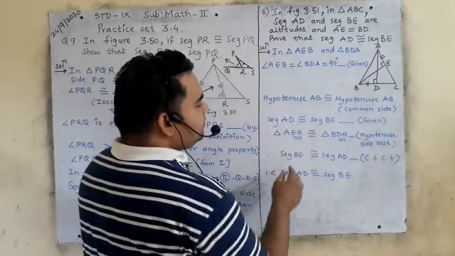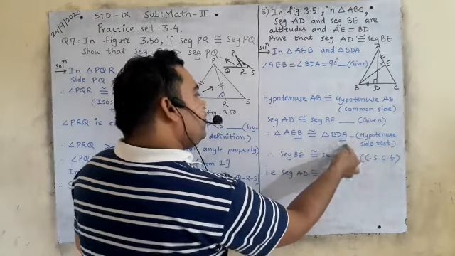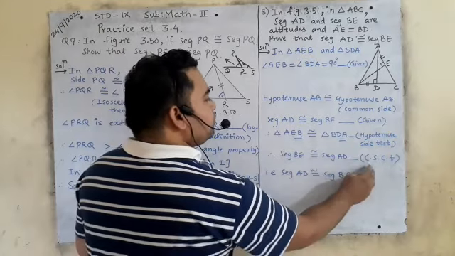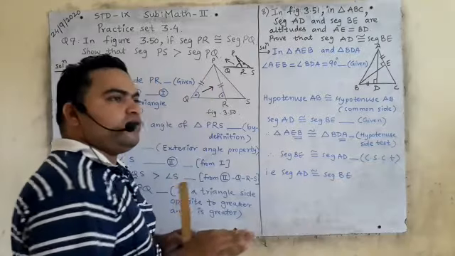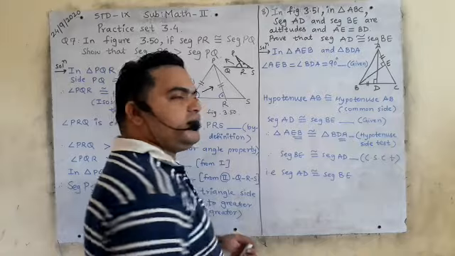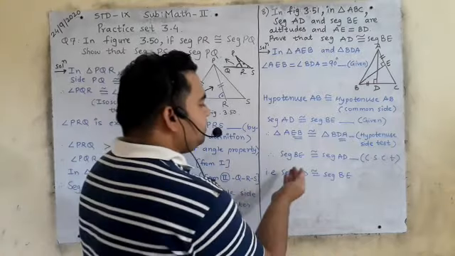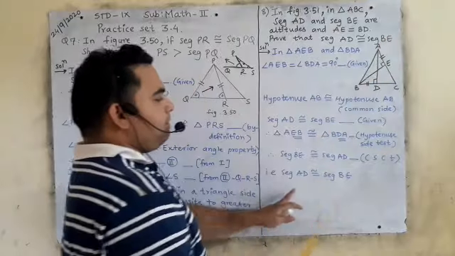So therefore we will write segment EB or BE, same, and segment DA or AD, same. They are congruent because corresponding sides of congruent triangles are congruent to each other. Therefore, we have proved segment AD is congruent to segment BE.